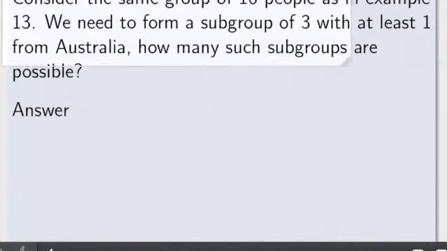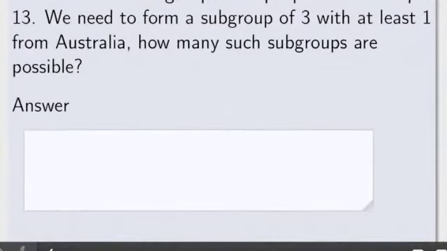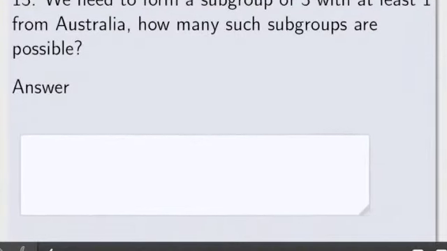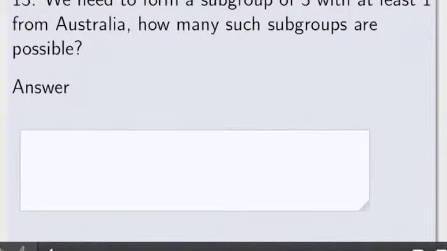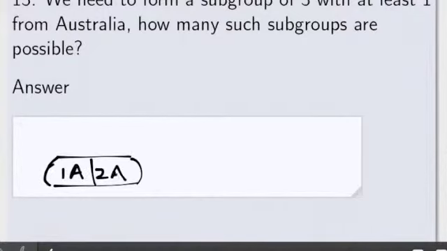So again, our subgroup is categorized so that we want at least one Australian. So we could categorize the subgroup as one Australian and two non-Australians.